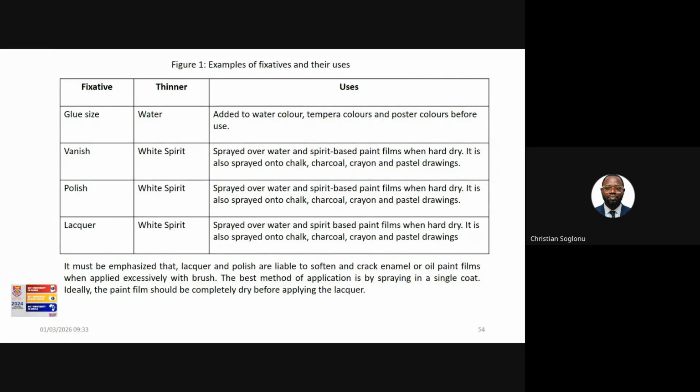It must be emphasized that lacquer and polish are liable to soften and crack enamels or oil paint film when applied excessively with a brush. The best method of application is by spraying a single coat. Ideally, the paint film should be completely dried before applying the lacquer.